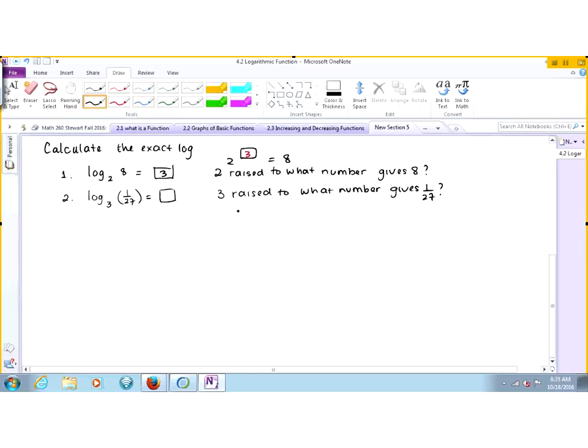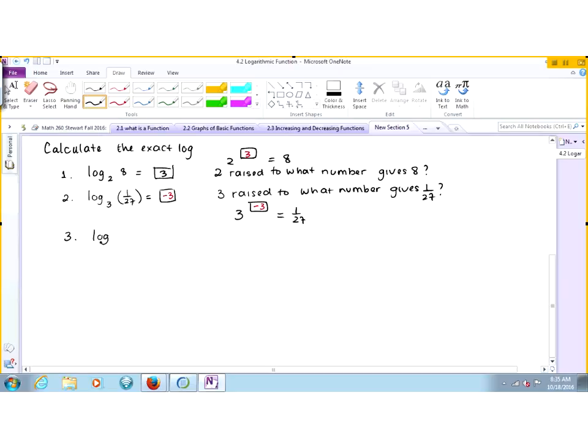If I want to write it differently, 3 raised to what number equals 1 over 27? And the answer is -3.